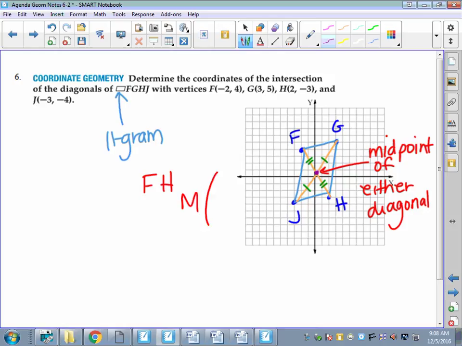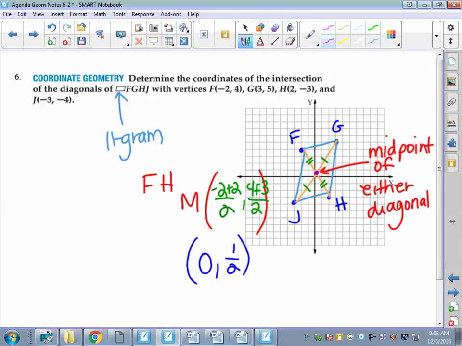midpoint. So I'm going to add my x's from F and H, divide by 2. I'm going to add my y values from F and H, 4 plus negative 3. So I should have a 0, comma, 1/2.